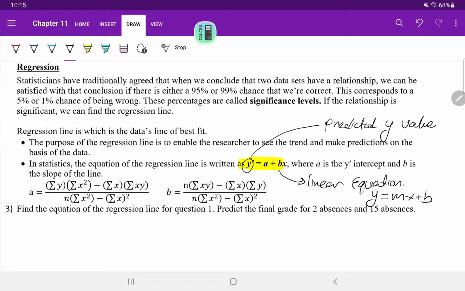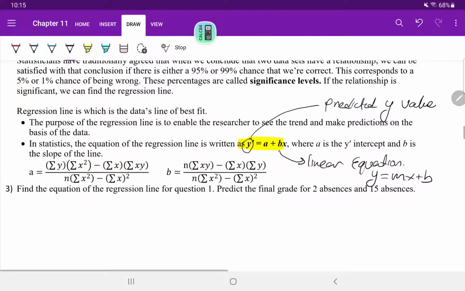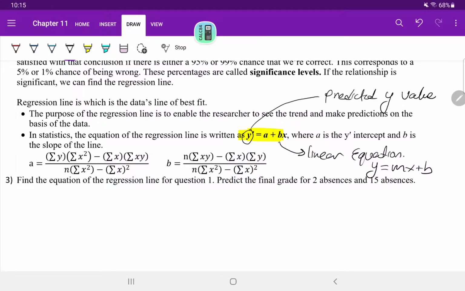Okay, enough talking. Now, this is how you find the equation of the regression line if the relationship between your two variables is statistically significant. To compute the predicted y-intercept, this is the formula that we're going to use. And to compute the slope of the regression line, we're going to use this formula. It's good because we already found these values here.